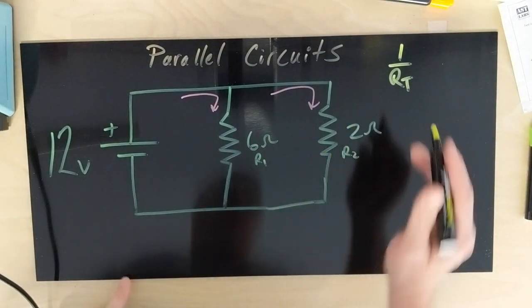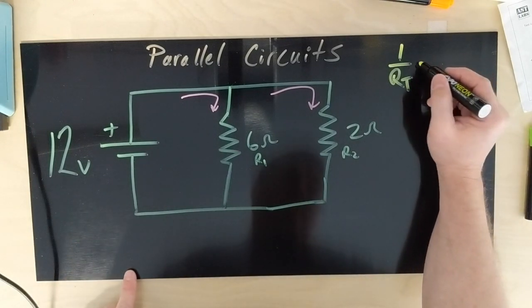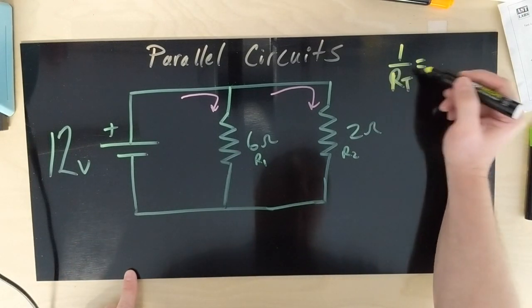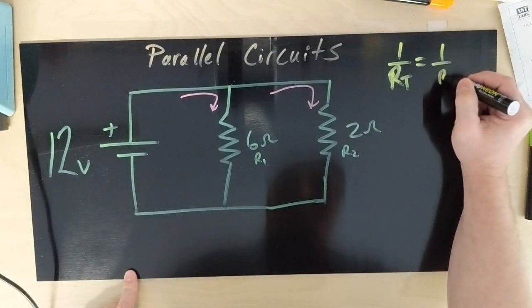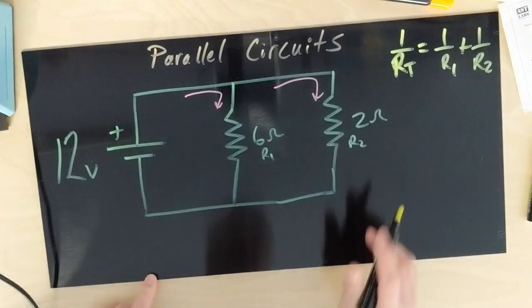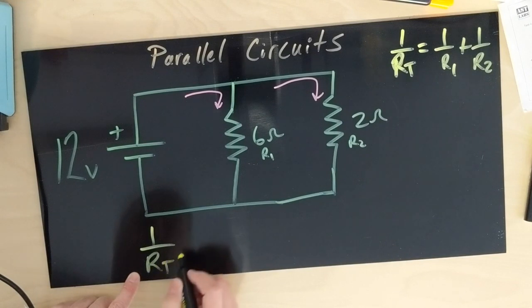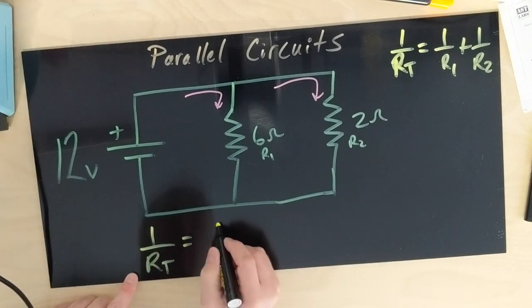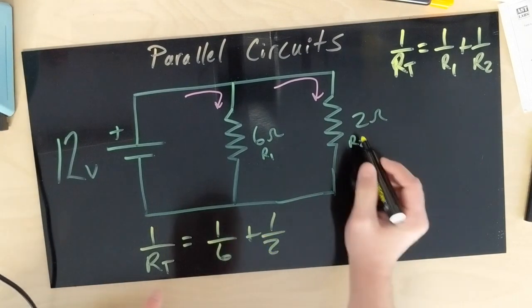I erased that. I'm going to rewrite it so I have more room to work down here. So 1 over RT is equal to 1 over R1 plus 1 over R2. So we rewrite that with this in mind. 1 over RT is equal to 1 over 6 plus 1 over 2.